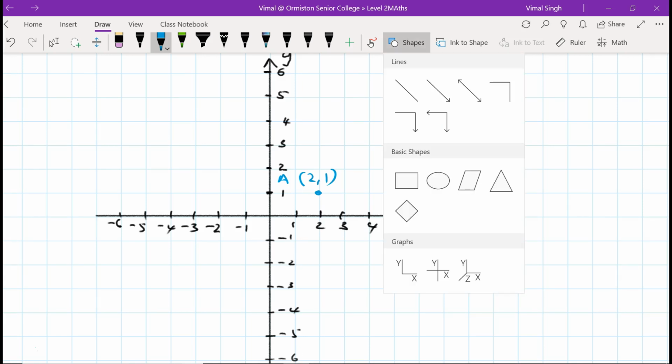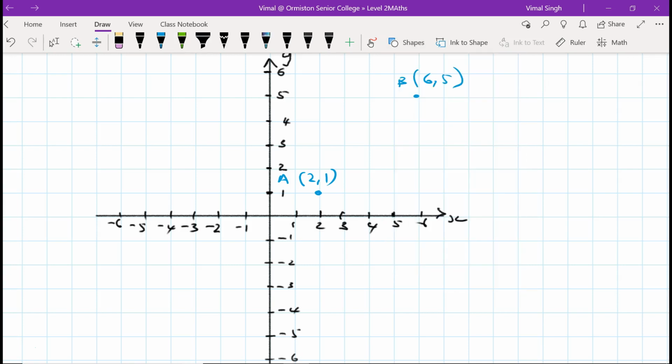And if I just draw this line now, you will notice that I have got the line there, which is line AB, and I want to find the midpoint of this line.